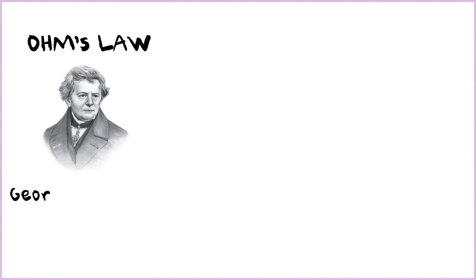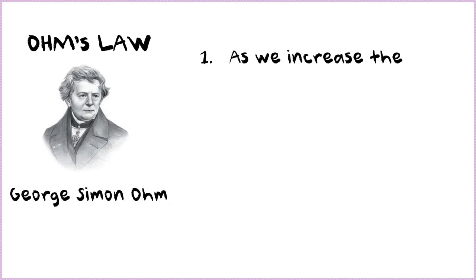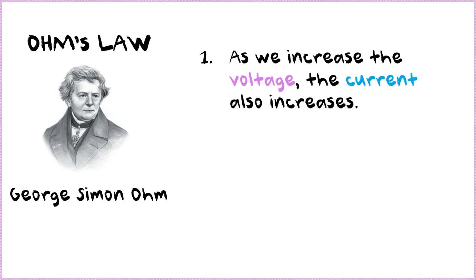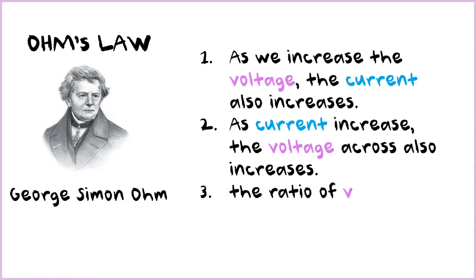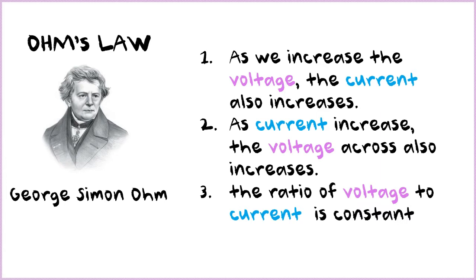Ohm's law. Based on his experiment, he observed that as we increase the voltage, the current also increases. And as current increases, the voltage across also increases. And the ratio of voltage to current is constant.